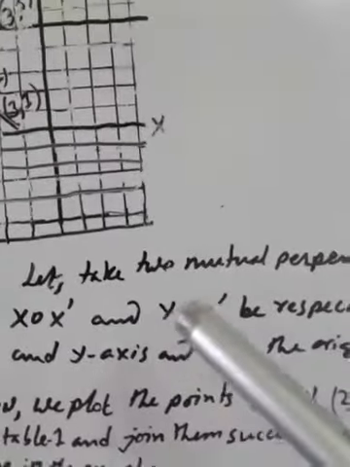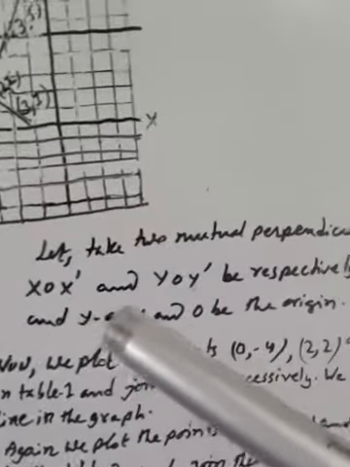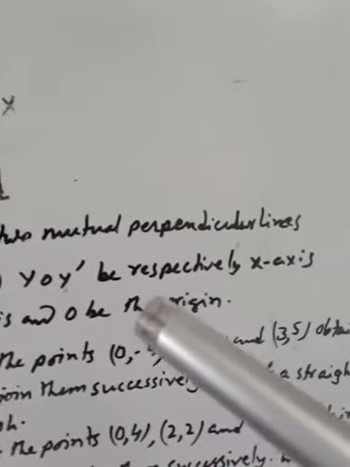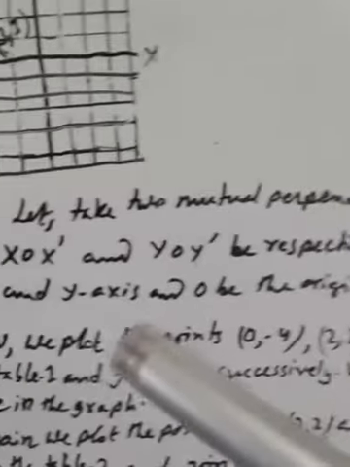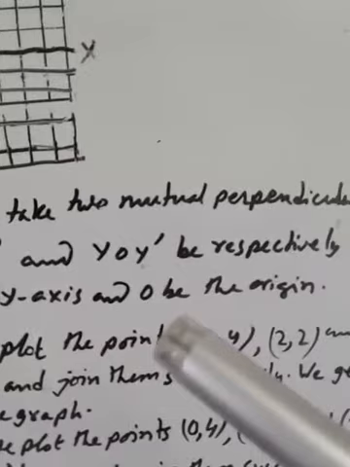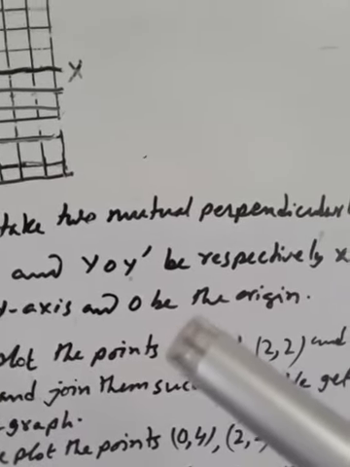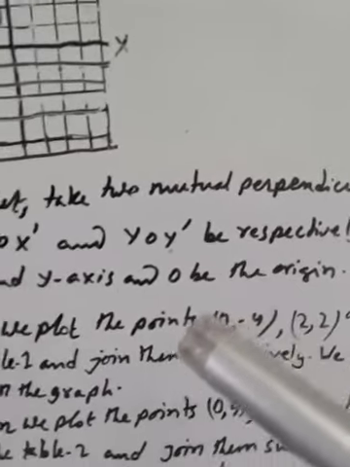Now let's describe this. Let XOX' and YOY' be two mutually perpendicular lines, respectively the x axis and y axis, and O be the origin.